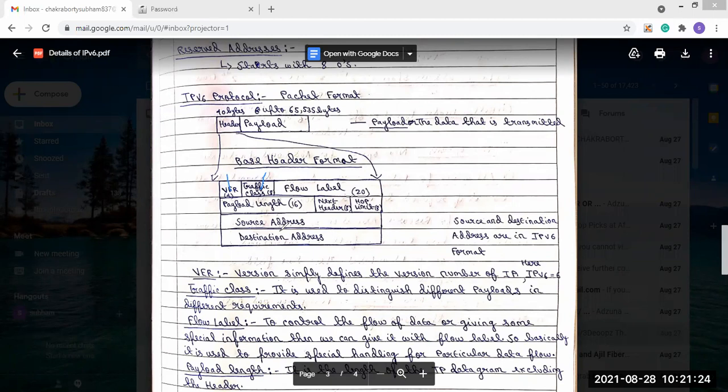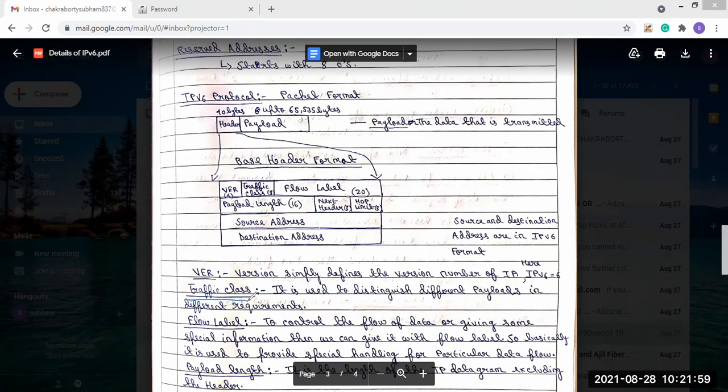In the case of IPv4, the value of this field will be 4, and for IPv6, the value of the version field will be 6. Next is the traffic class.